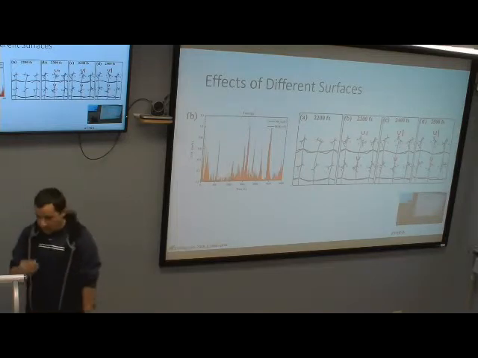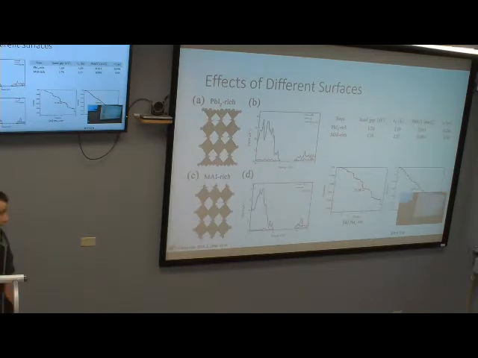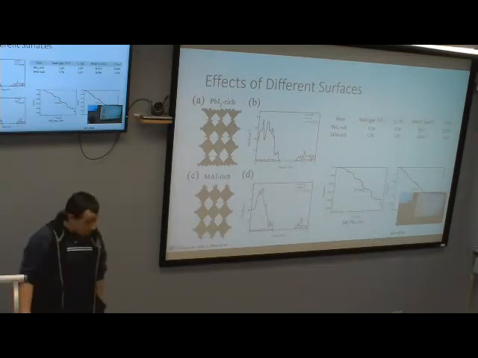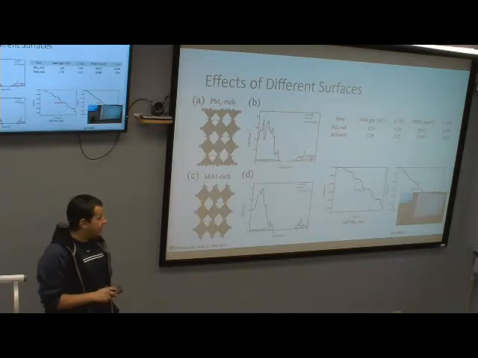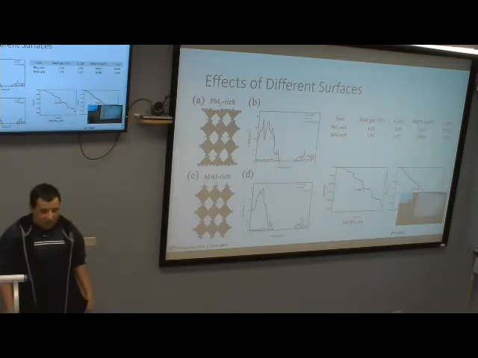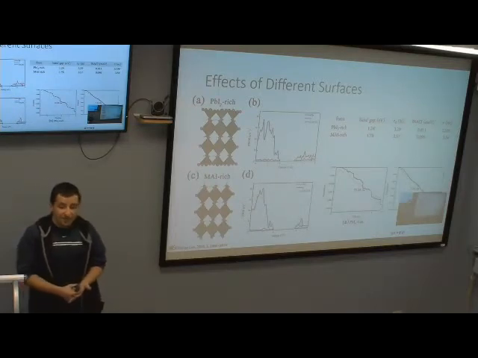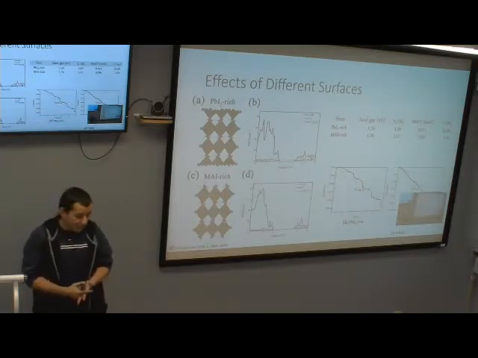So, when we go back, we look at the excited state population, the lead-rich iodide surface takes much longer to relax. So that slower relaxation, you kind of have a chance. Slow non-radiative relaxation.